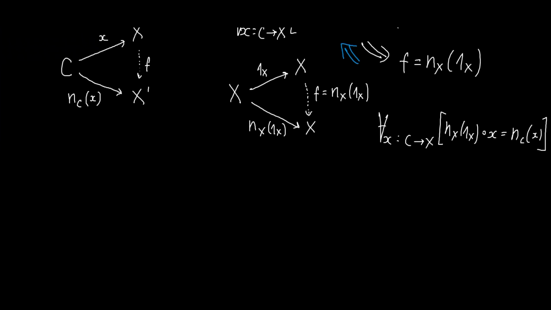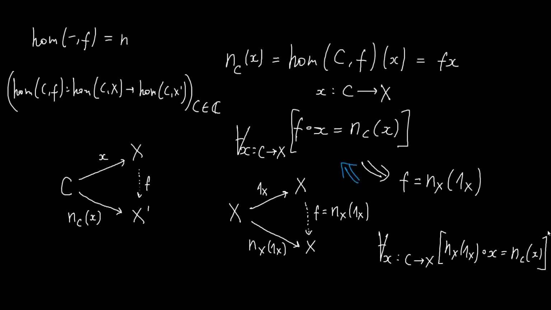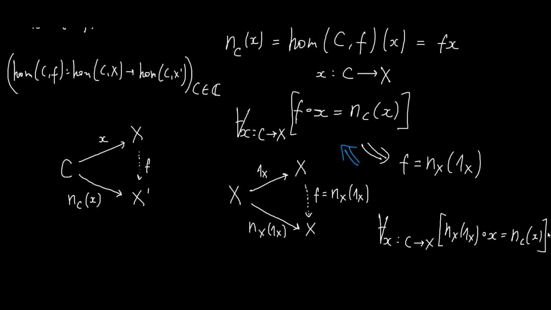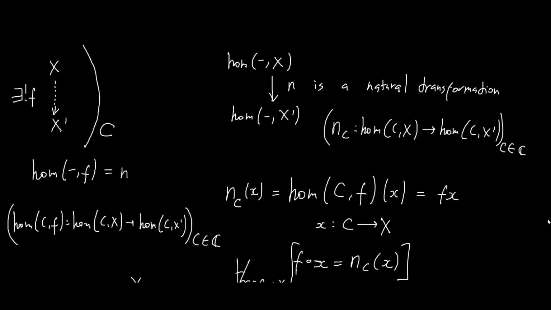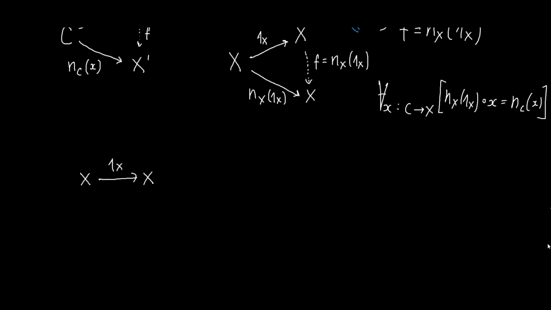So let me draw this diagram of naturality for the natural transformation. I'm going to take the identity morphism here, and the natural transformation, which now runs from hom CF to hom CX to hom CX prime, right?